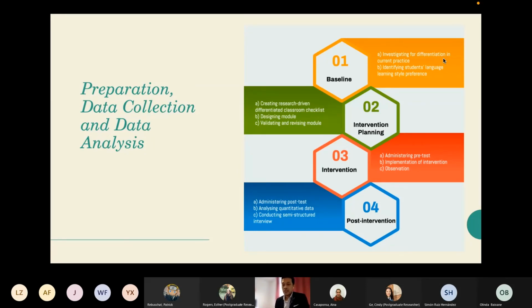And during the intervention period of 13 weeks, I first administered the pretest on language attitude inventory, and also the Malaysian critical thinking instrument that was developed by a team of local experts.